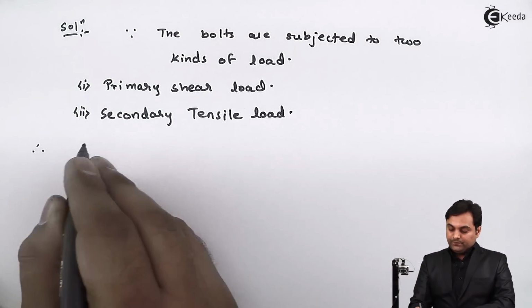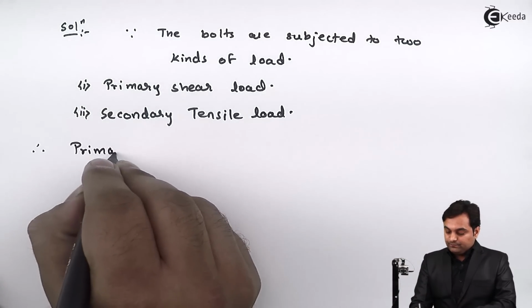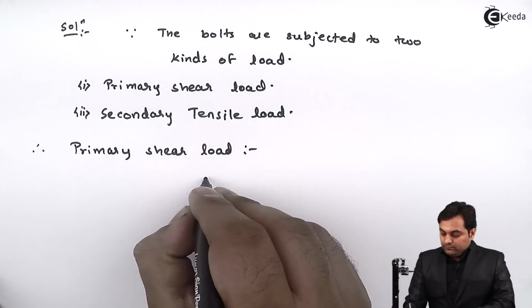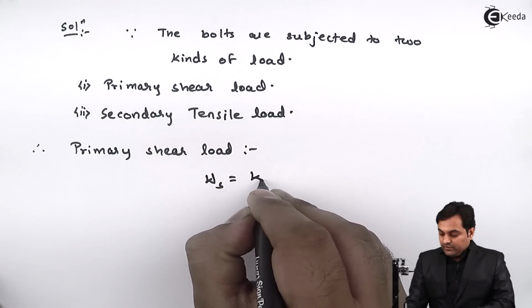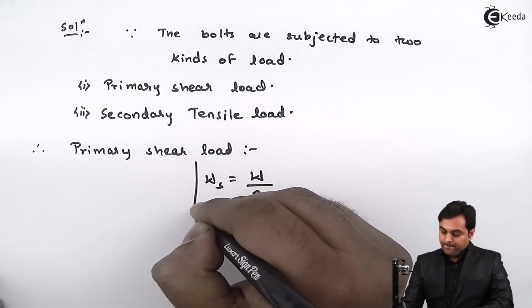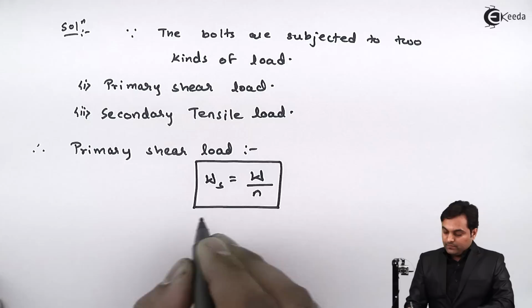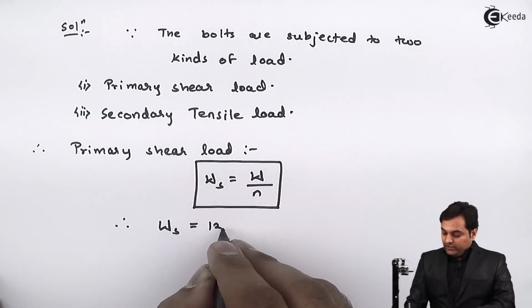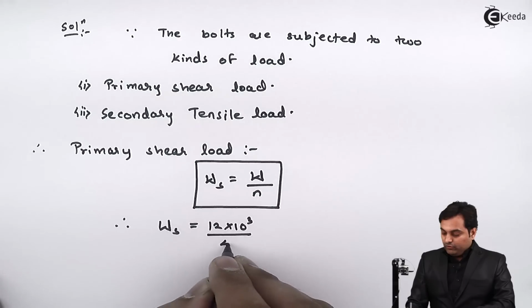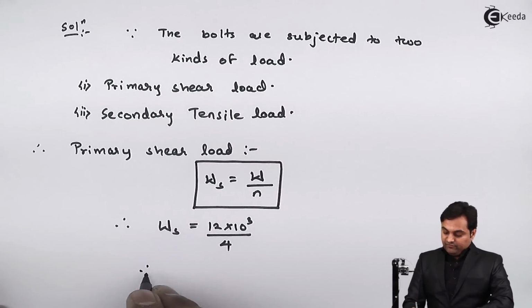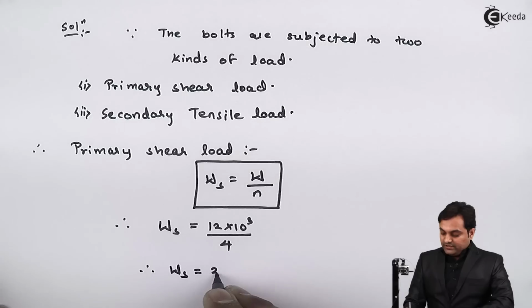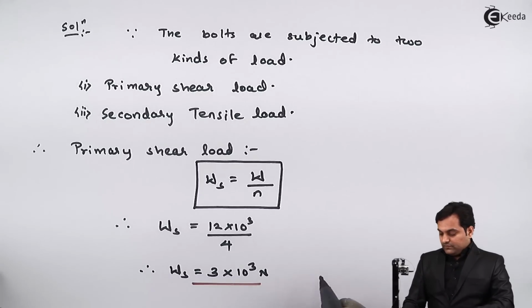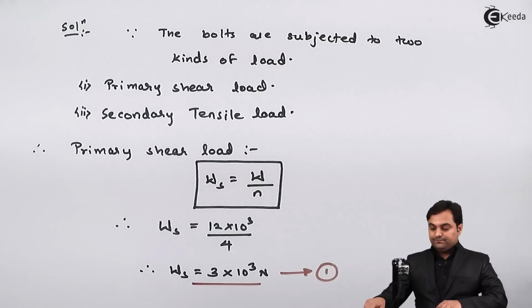So therefore, primary shear load W suffix S is equal to capital W by N. So therefore W suffix S is equal to capital W is 12 into 10 raised to 3 divided by 4 bolts, it is given in the problem. So therefore I am getting the value of primary shear load as 3 into 10 raised to 3 Newton. I'll keep this as equation number 1.